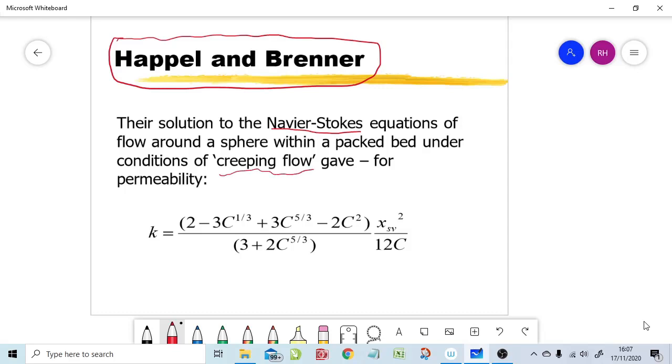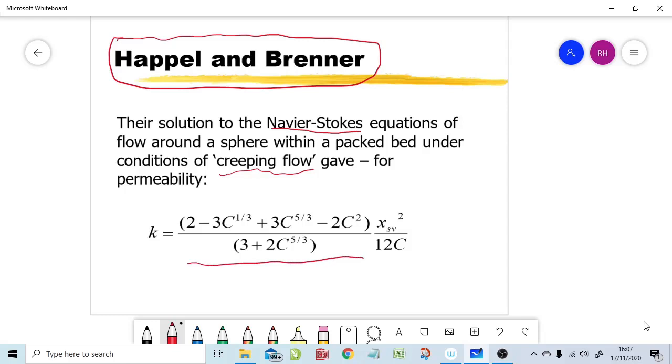So again, we make the assumption that there's no turbulence of any significance. However, using the cell model, they were able to arrive at a solution to the Navier-Stokes equation where the permeability is equal to this function of concentration.